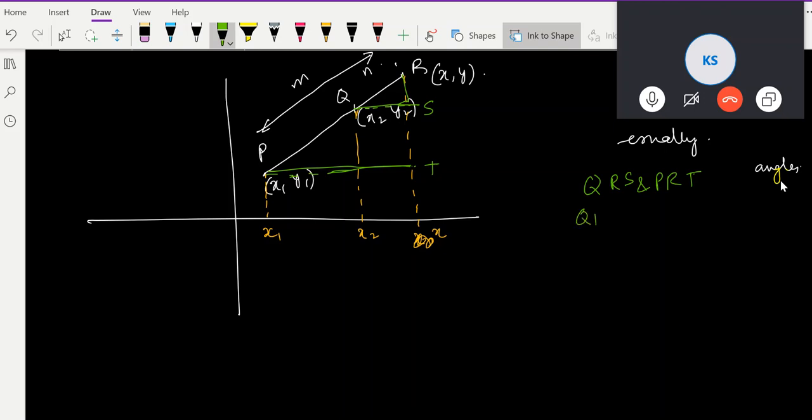Same logic, QR by PR will be equal to QS by PT.